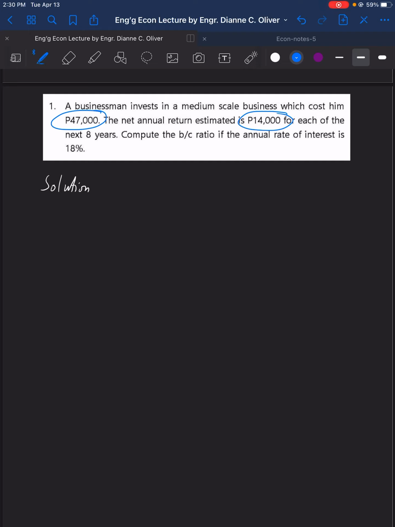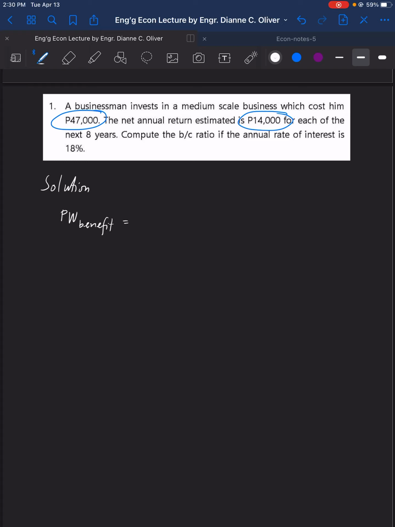So whether we use the present worth or the annual worth, still okay. In this problem, we will use the present worth method. Since we are using the present worth, the one we will convert into present worth is the benefit.